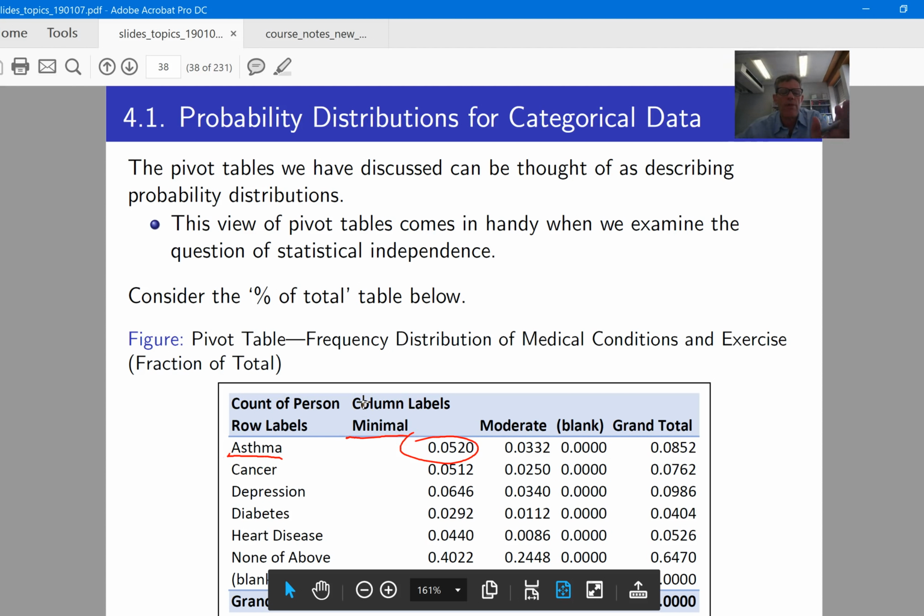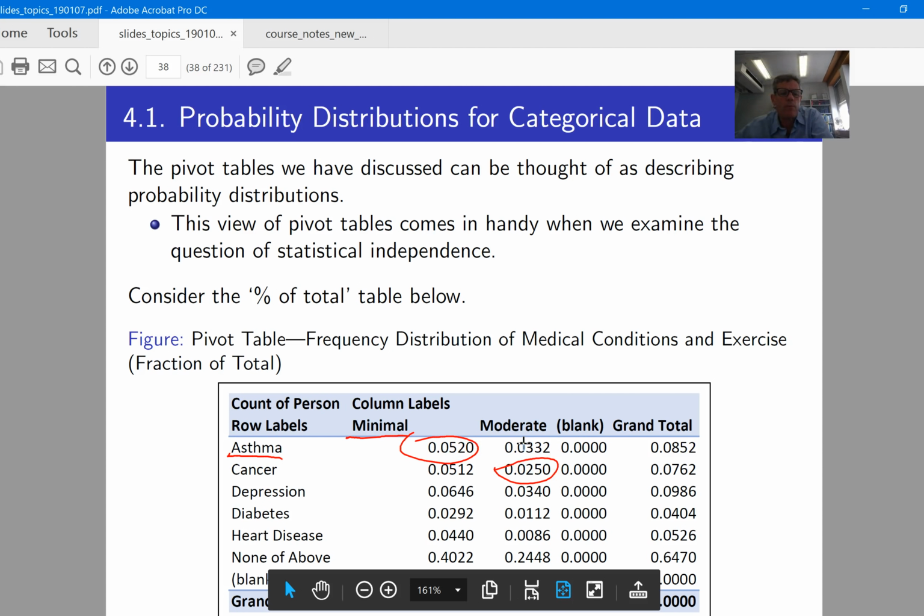So if I took 100 people, to keep it simpler, and I knew something about their exercise status and about their chronic illness, then 5.2 out of those 100 people would have asthma and would engage in minimal exercise.